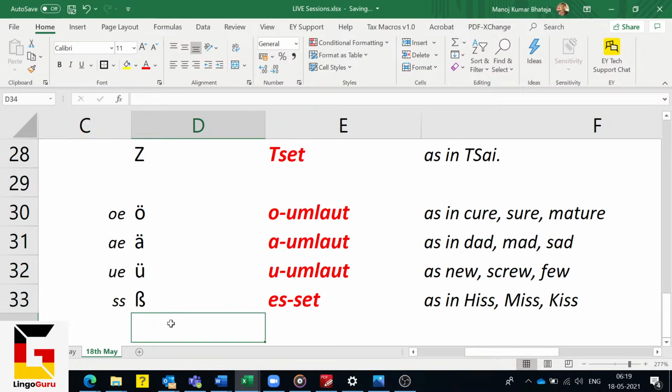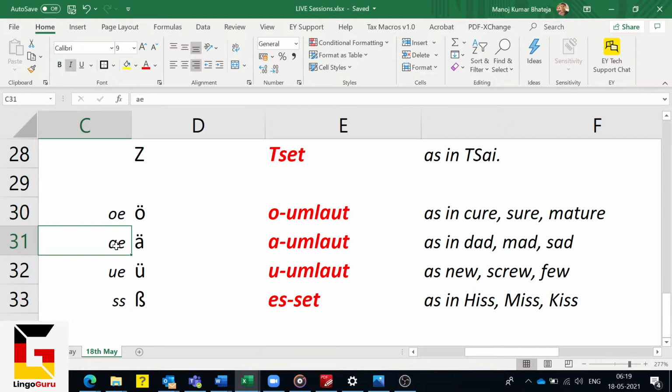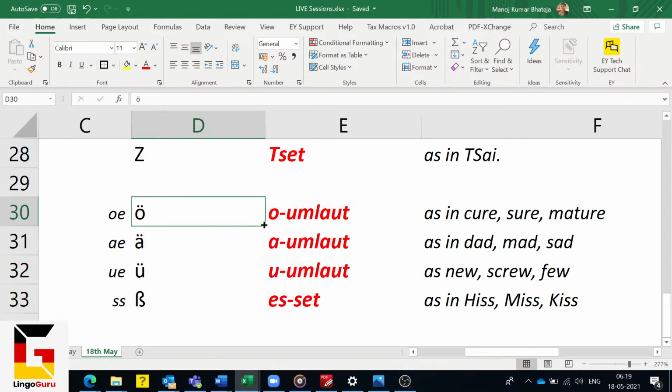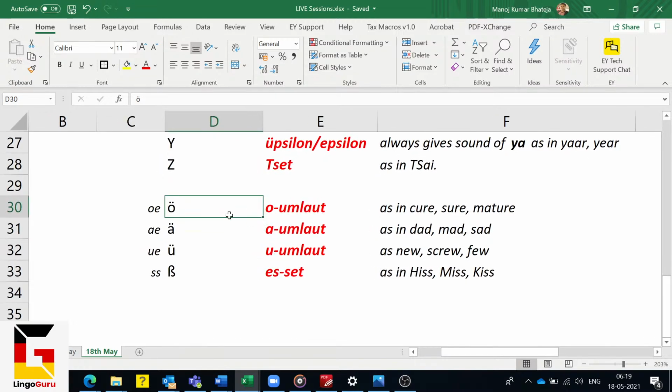There is nothing wrong. Nobody will mark it as incorrect if you write OE instead of O umlaut, AE instead of A umlaut, and so on and so forth. So these are my four additional German characters or alphabet, you should say.